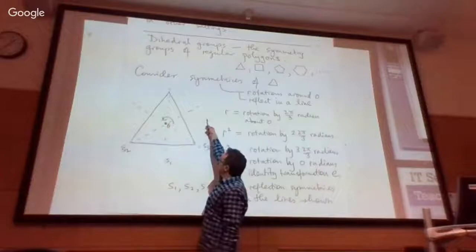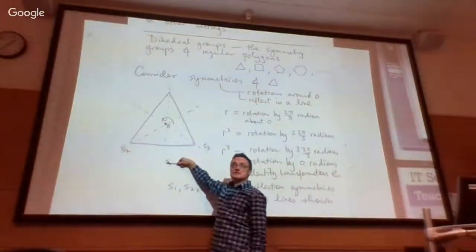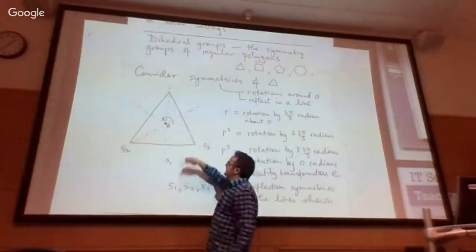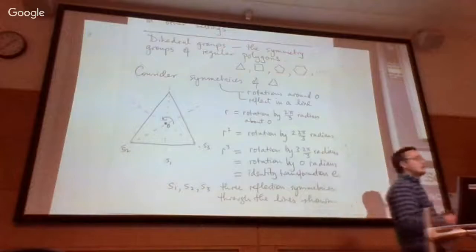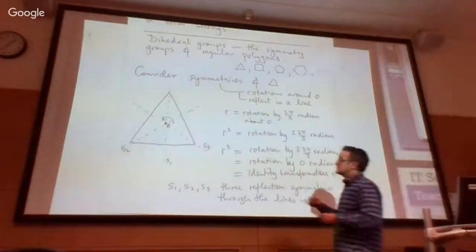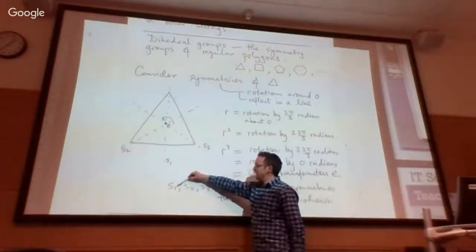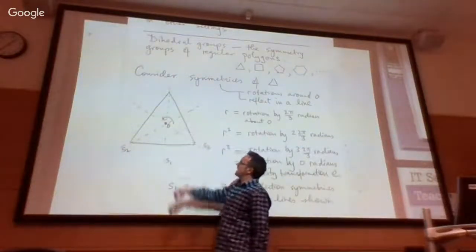So you send every point through to its partner point on the opposite side of S3. That will again be a symmetry of this triangle. You'll still be looking at the same triangle shape drawn on the plane after you've reflected the plane through this line S3. So I'm using S1 to refer to the reflection and to label the line as well.